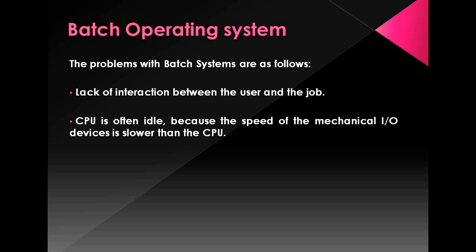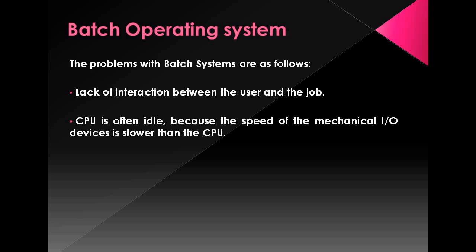Thus, the programmers would leave their programs with the operator. The operator would sort programs into batches with similar requirements, and as the computer became available, would run each batch. The output from each job would be sent back to the appropriate programmer.